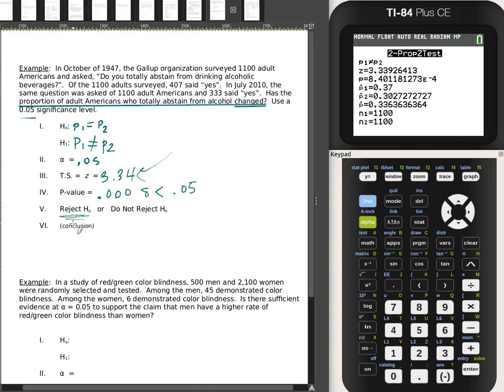It is too improbable, it is too unlikely to get such a test statistic as this if the proportion has not actually changed. So in our conclusion now, we will phrase it kind of the same way that we did before.